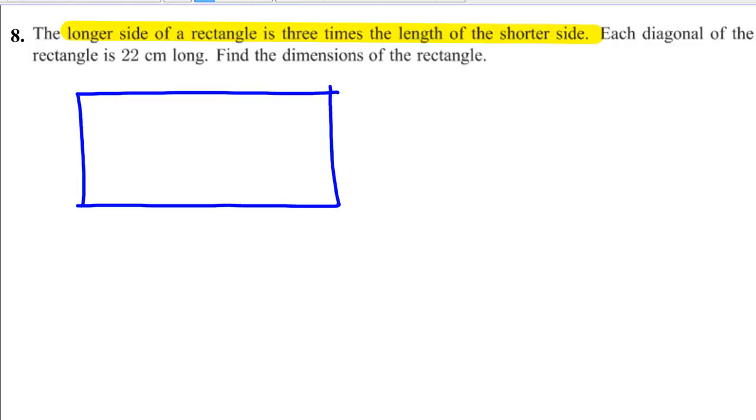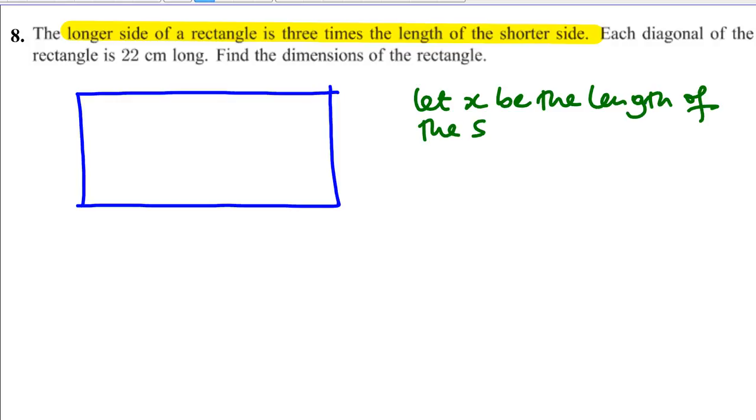Let x be the length of the shorter side, so let that be x. The longer side will be 3 times x, which will be 3x.